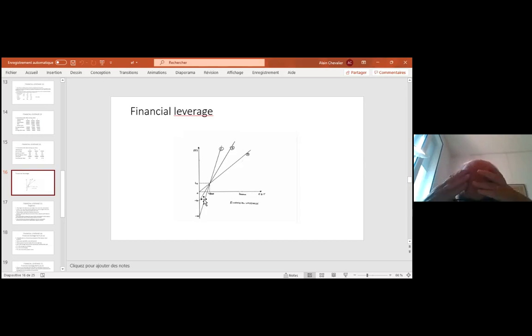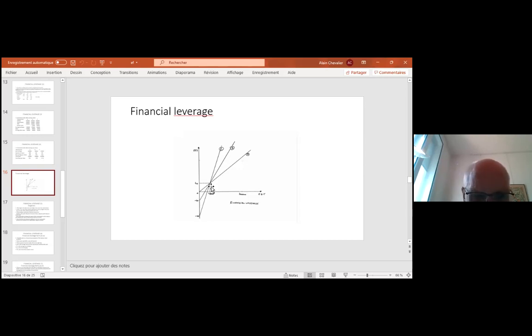Because now, on the second straight line, for B, 50% equity, 50% debt, you have several interesting points or situations. The first one is that the line for A and the line for B are crossing each other at a point which is easy to find if you have a good graph.